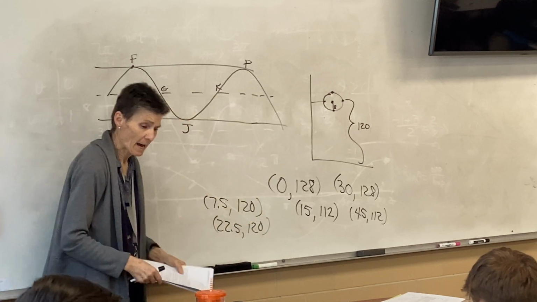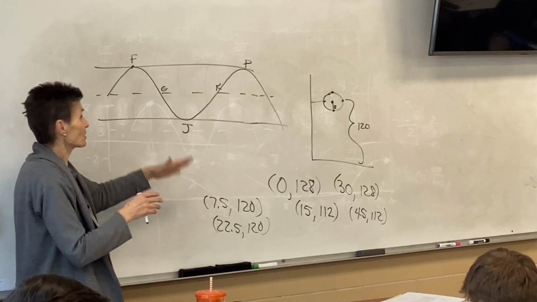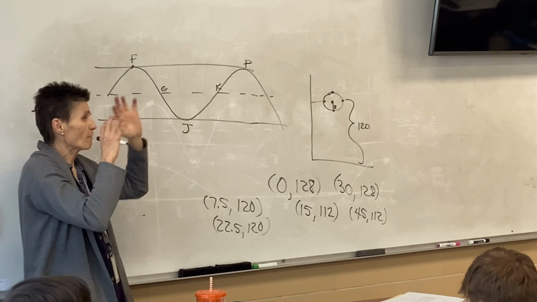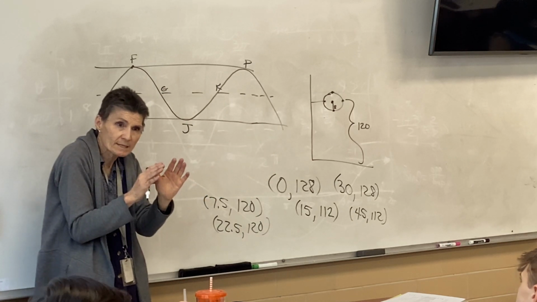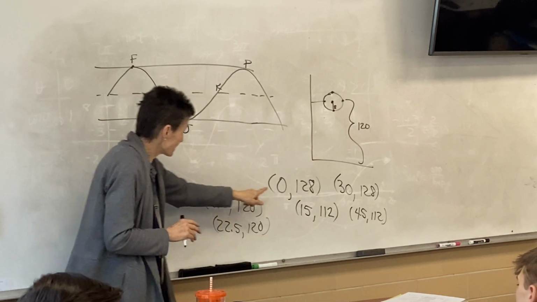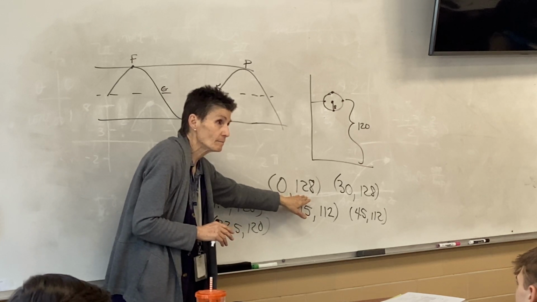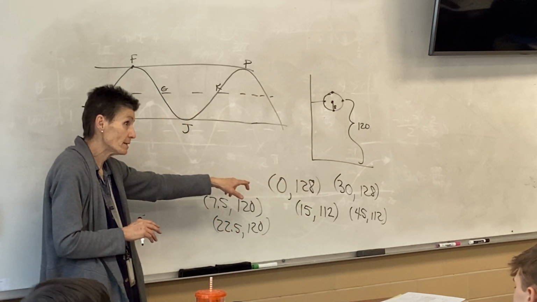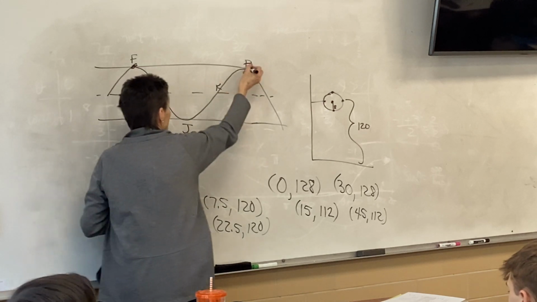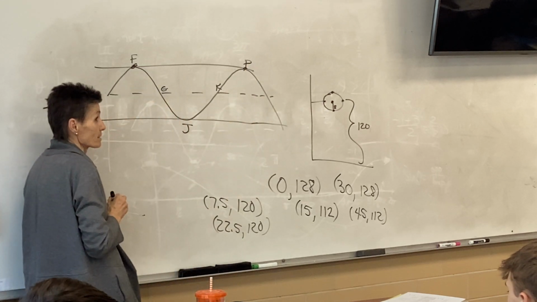Yeah. Now, we got a bunch of points. We got to get them on our graph. And the first time we did this, we struggled a little bit because we weren't sure where to put the points. But remember, this is X and this is Y. So 128 is the highest Y I have, right? So this point and this point have to be the 128s.